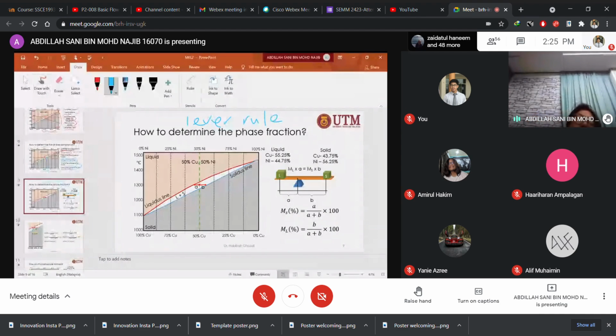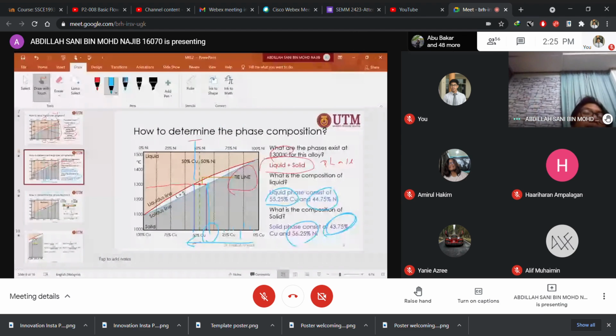Just now we said from the phase diagram, we could understand for the material at a certain composition, you see the total amount of material is 50 to 50.